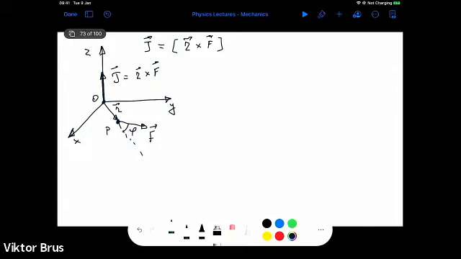It's perpendicular to the x and y axes and directed along the direction of axis z, and z is our axis of rotation, about which rotation of this particle is considered. So this is how we define the direction of the torque.